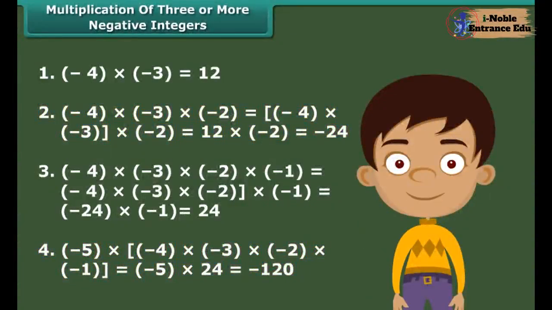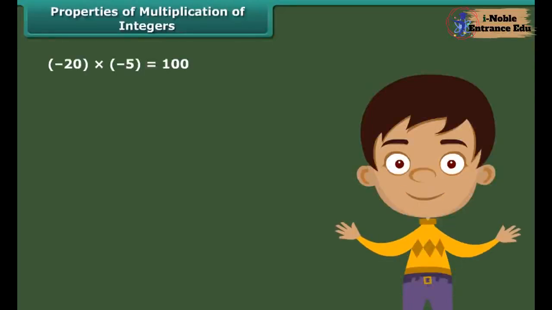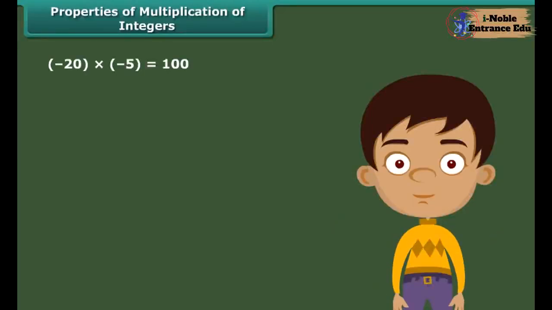Hence, we can say that if the number of negative integers in a product is even, then the product is a positive integer. And if the number of negative integers in a product is odd, then the product is a negative integer. The product of two integers is again an integer. For example, minus 20 into minus 5 is equal to 100.